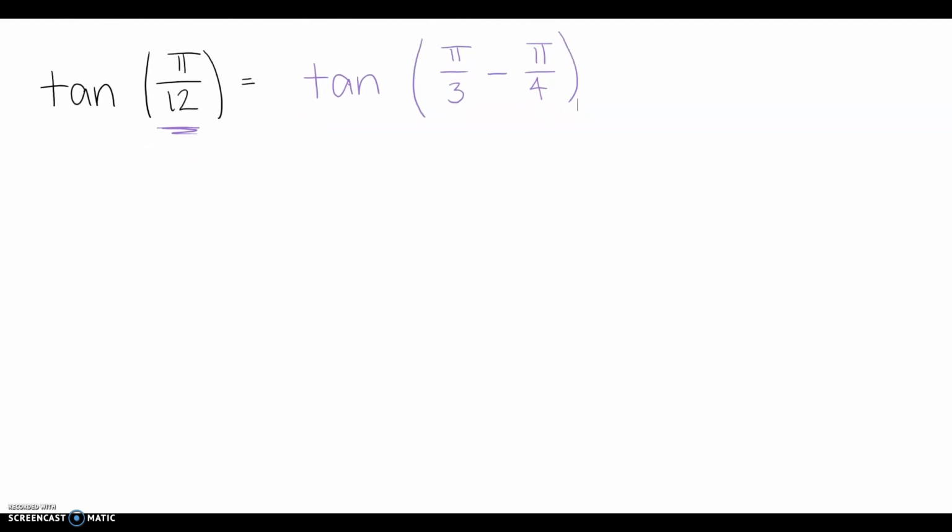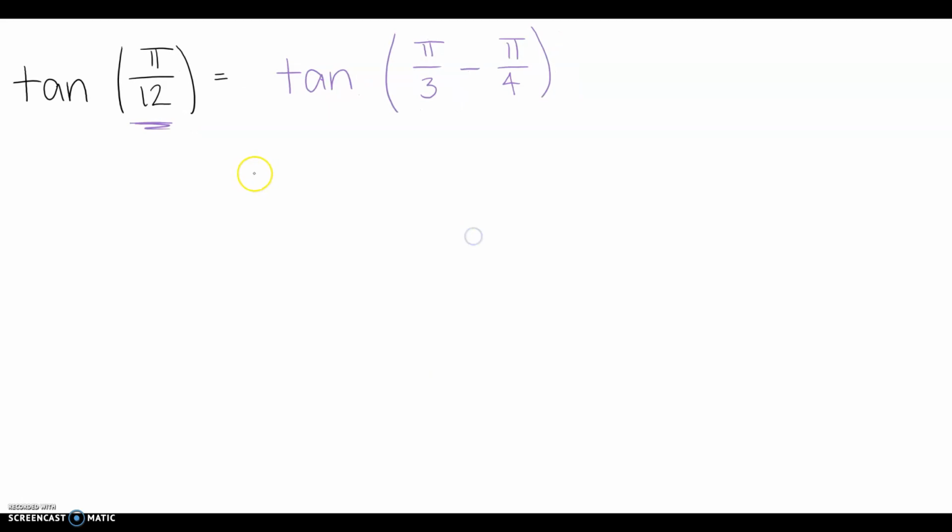Now that I have my two angles, I'm going to use my difference identity. The difference identity states that tangent of your first angle, which is pi over 3, minus tangent of your second angle, which is pi over 4. It's not negative pi over 4.